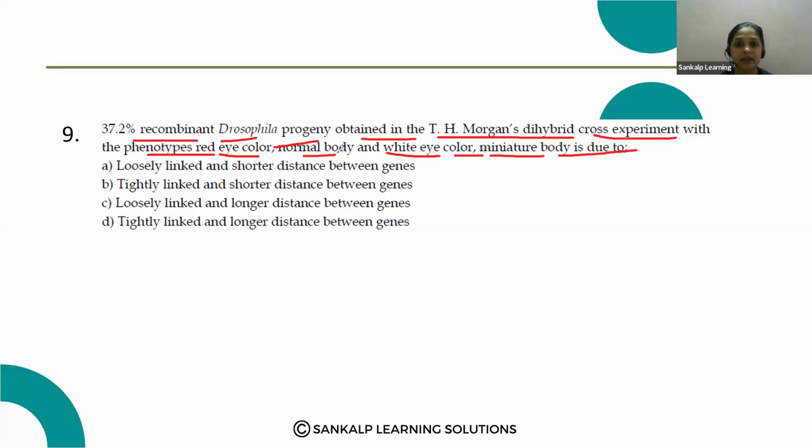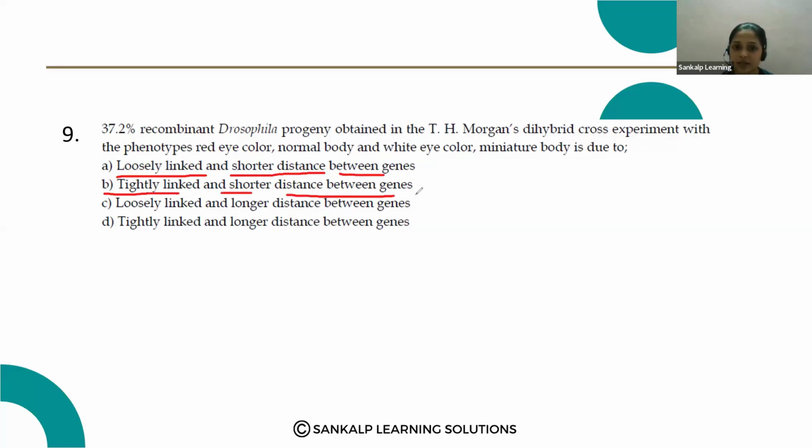This is the experiment done by T.H. Morgan, a dihybrid cross in Drosophila. Why is this 37.2% recombinant progeny formed? Loosely linked and shorter distance between the genes, tightly linked and shorter distance between the genes, loosely linked and longer distance between the genes, or tightly linked and longer distance between the genes.